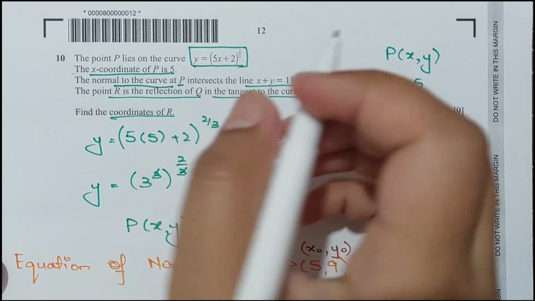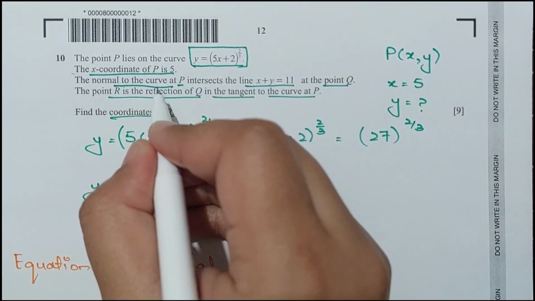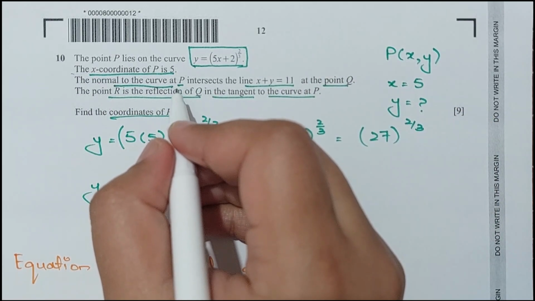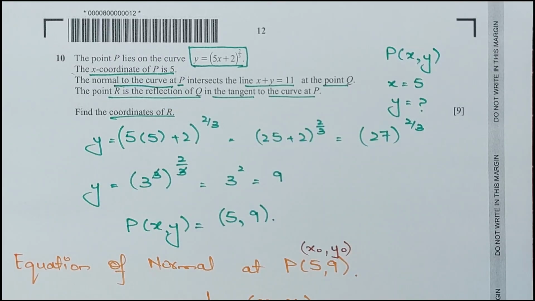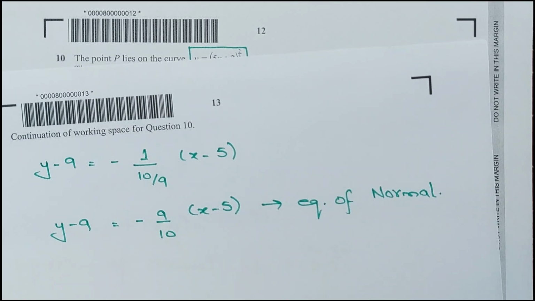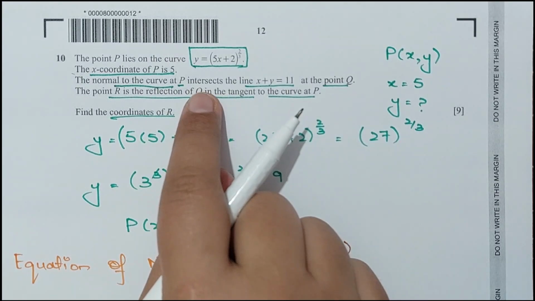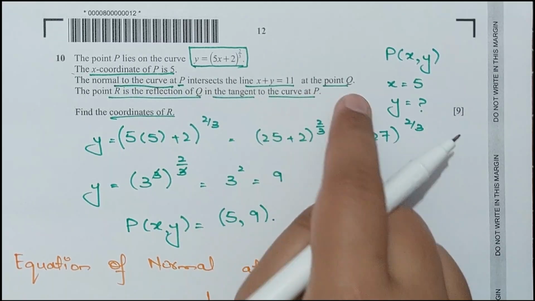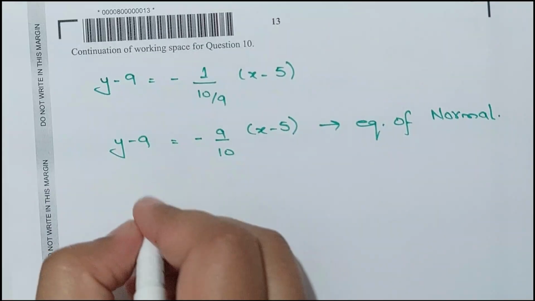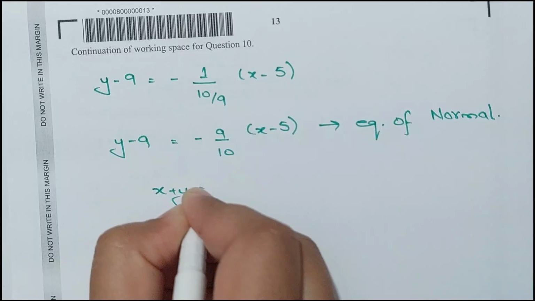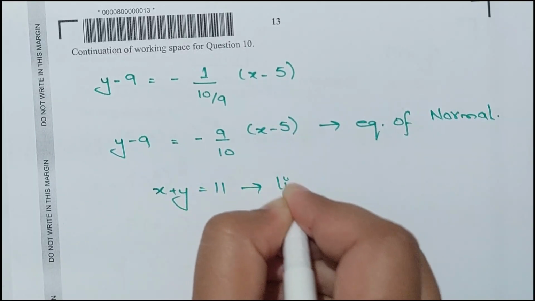Let me read the further part of this question. The equation of the normal to the curve at point P, it intersects the line at point Q. So the line is x plus y equals 11. This is the equation of the line.